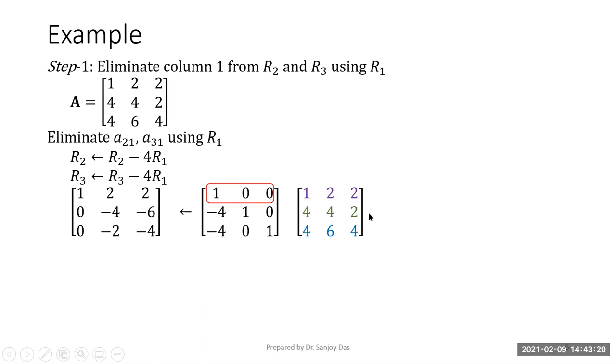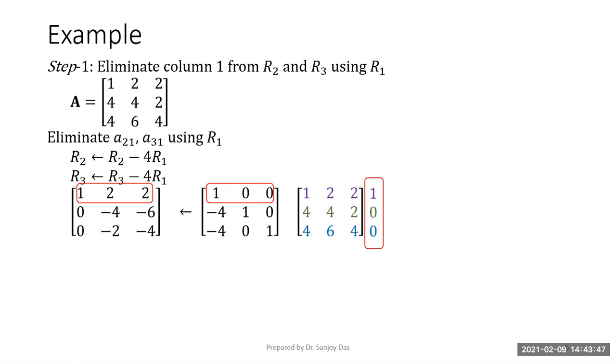I'll place the 1, 0, 0 here. And so this is first row times 1, second row times 0, third row times 0. So basically, it's the first row. So this 1, 2, 2 comes here. These second row and third row are getting multiplied by zeros.